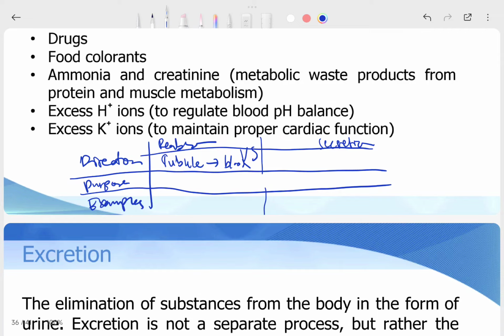Why? Because they want to take the important things into the blood again, to save them. Anything that stays in the tubule is going to become urine, but if it goes to the blood, it means the body still needs those things.